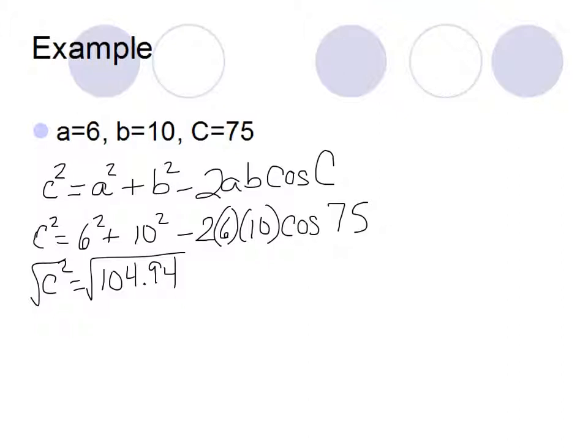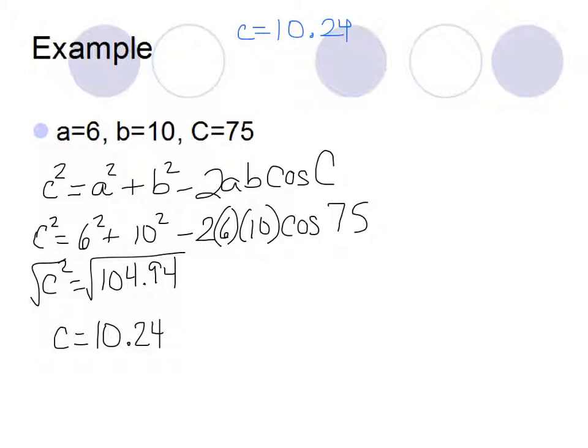So I end up with little c equaling 10.24. Okay, so that was one of the missing parts, little c. So I now have all three sides.